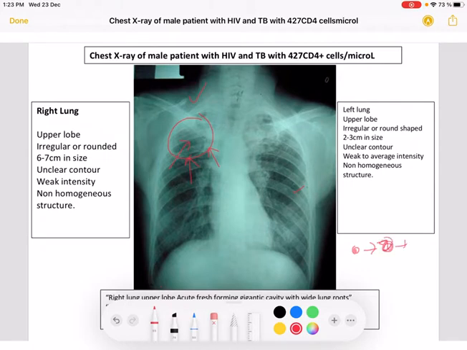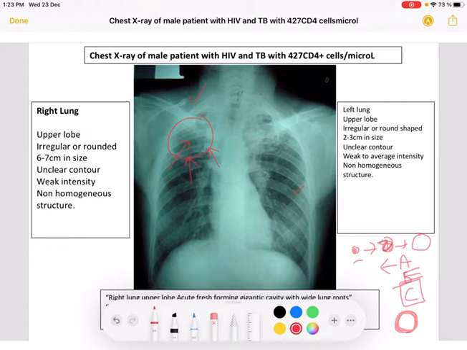Then this undergoes formation of a cavity, and there are acute, subacute and chronic cavities. In chronic cavities, the membrane is very thick and the intensity is very high, while in the case of an acute, freshly forming cavity, it is not subacute, it is freshly forming.